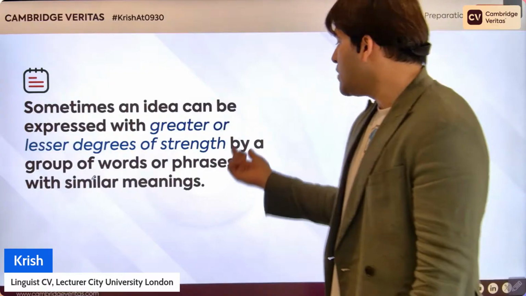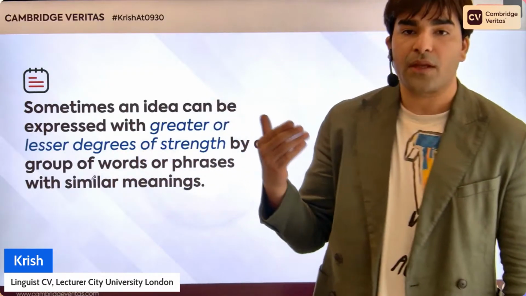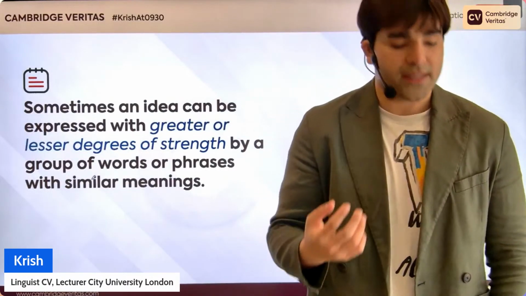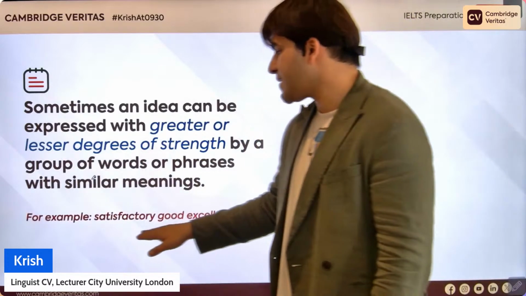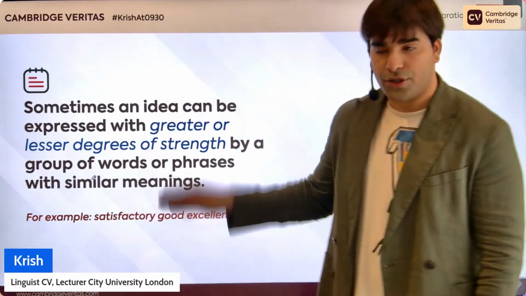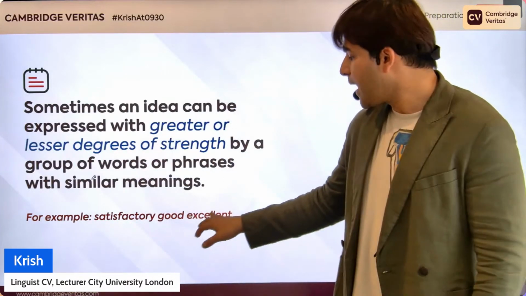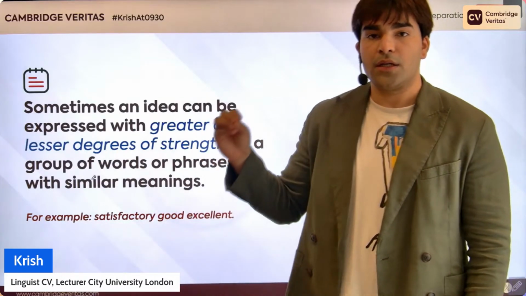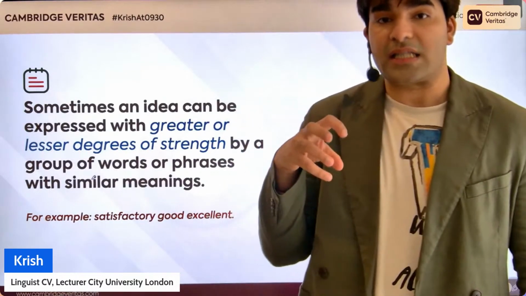How do we do it? We do it by grouping words together or phrases with similar meanings. For example, you can use words like, in the degree of strength, as I said before, either satisfactory or good. I mean, the higher degree. Good is higher than satisfactory, and excellent is the highest between the three of them. So the idea is all those words that we saw before, a certain vocabulary.